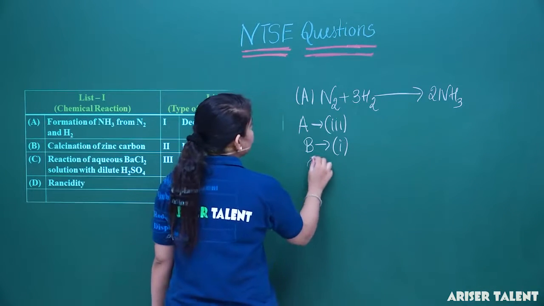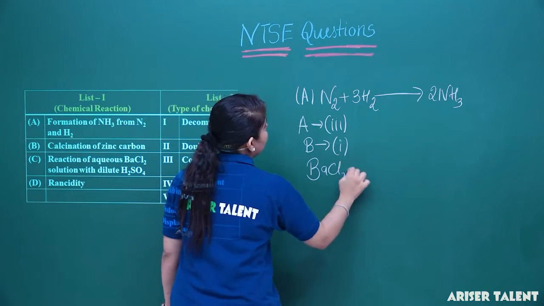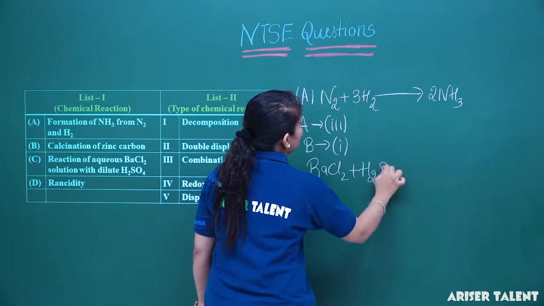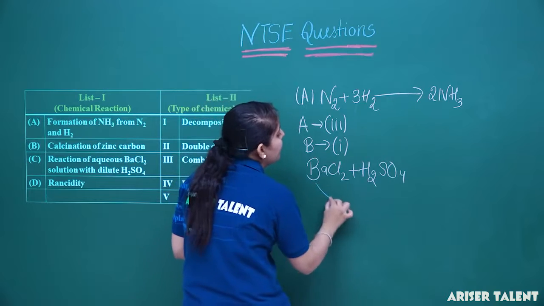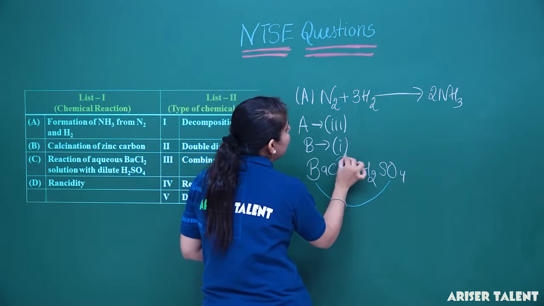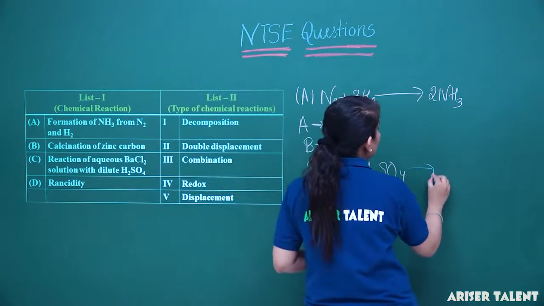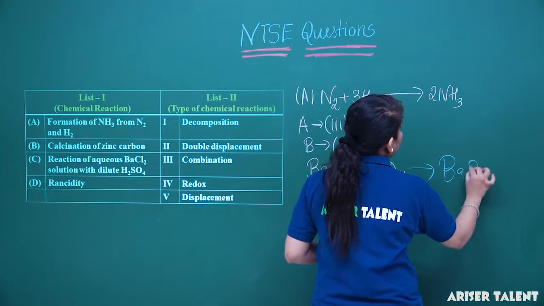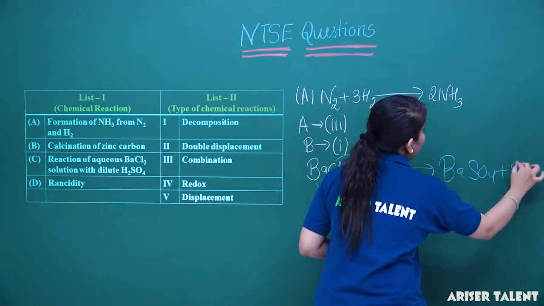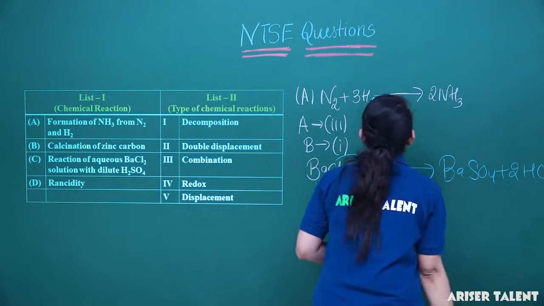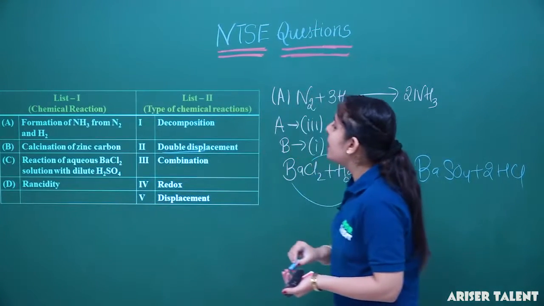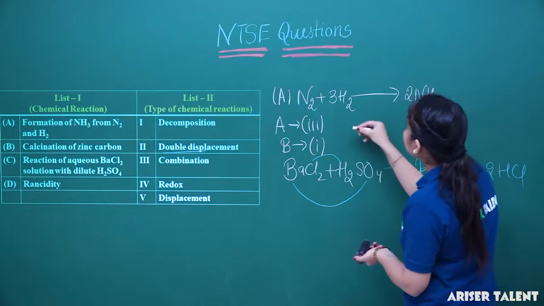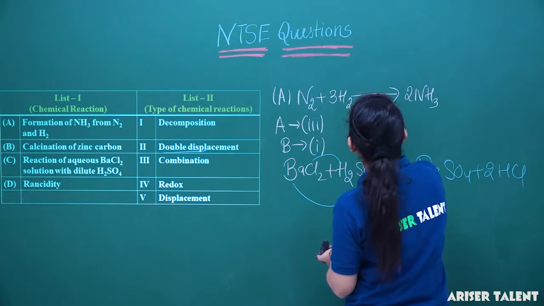Ba will combine with SO4 and Cl2 will combine with H2. So we will get barium sulfate along with HCl. This is a double displacement of the ions. So C will correspond to option number 2.